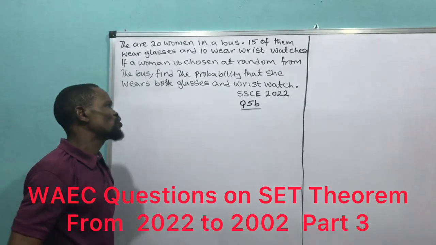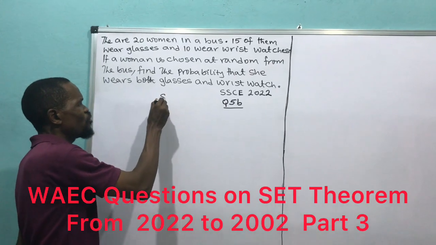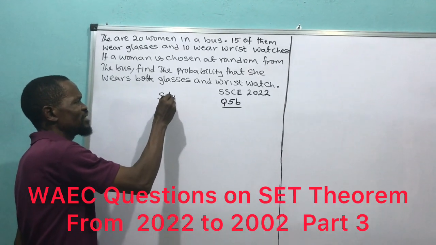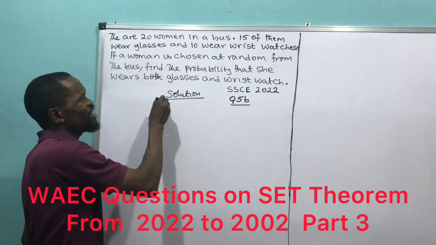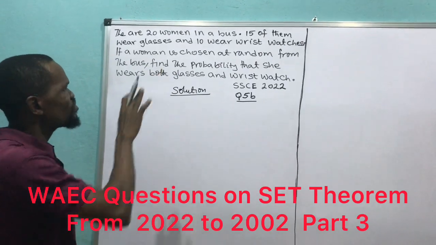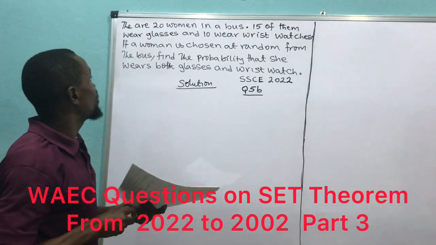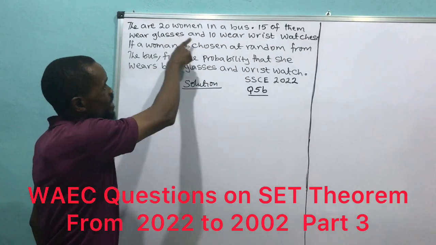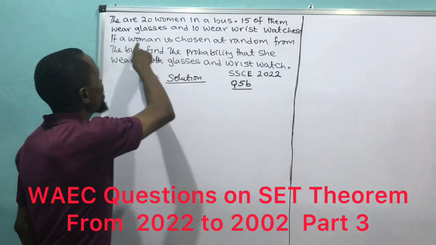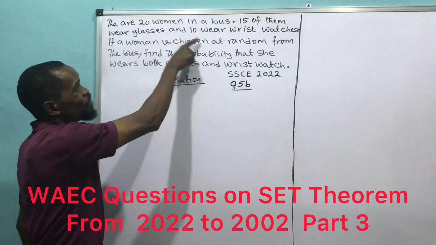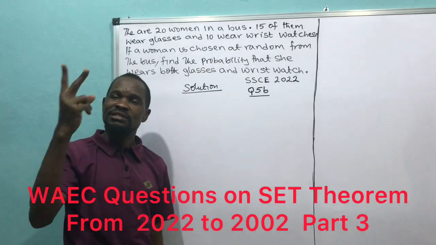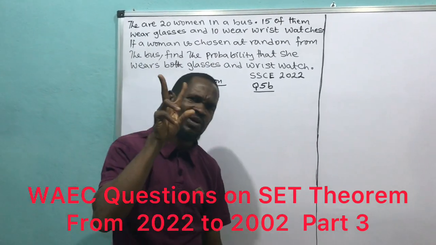So let us go to the solution. First of all, what are they talking about here? They talk about the woman wearing glasses and a wristwatch in the box. That's the wristwatch and glasses, two things we are talking about.